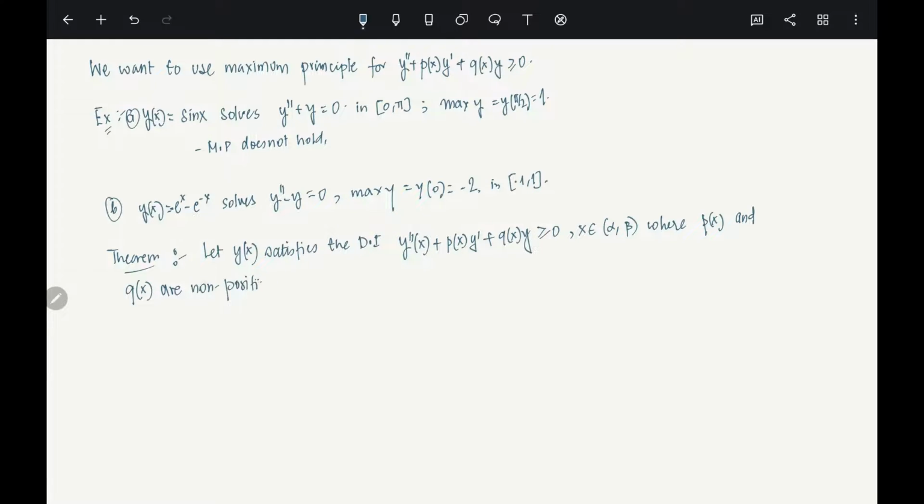Please remember, non-positive and bounded, very, very important. We need these particular conditions, non-positive and bounded. Clear? Okay. In every closed subinterval of (alpha, beta).